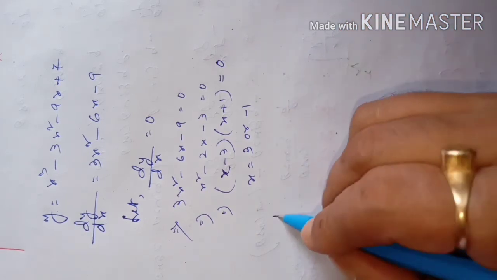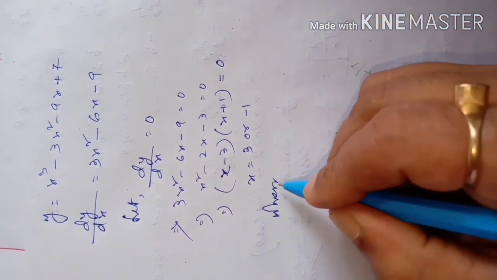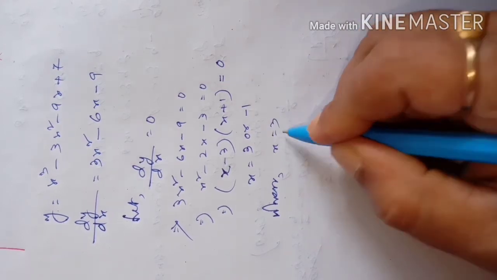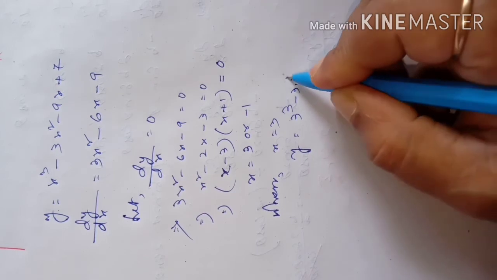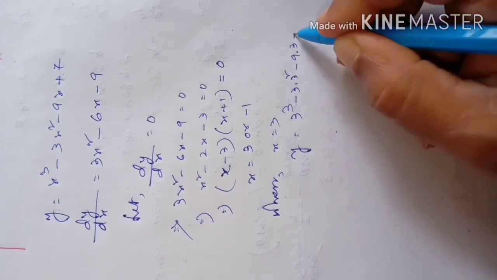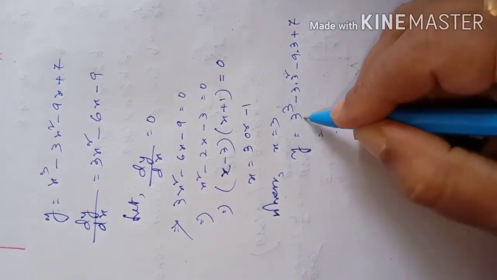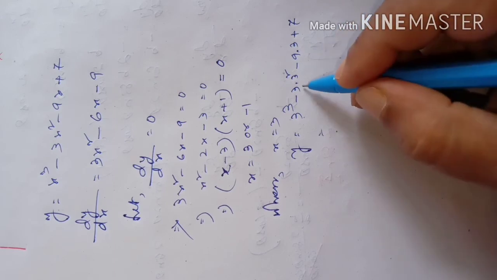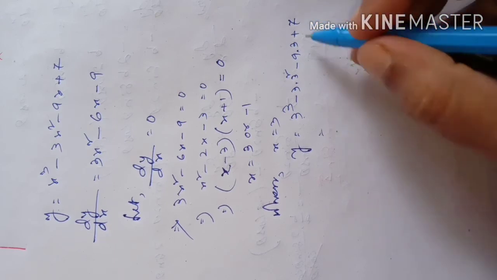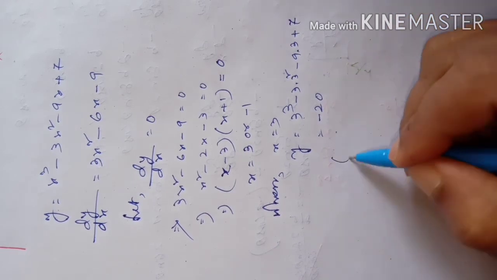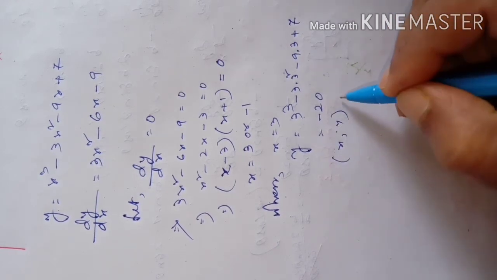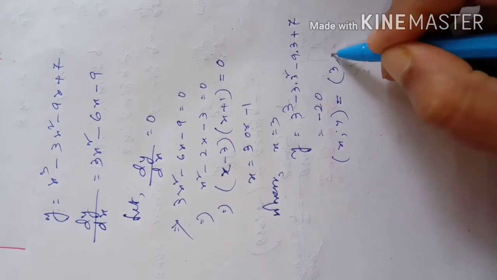So when x equal to 3, y will be equal to 3 cube minus 3 into 3 square minus 9 into 3 plus 7. That is 27 minus 27 minus 27 plus 7, which is minus 20. So one point is 3 comma minus 20.